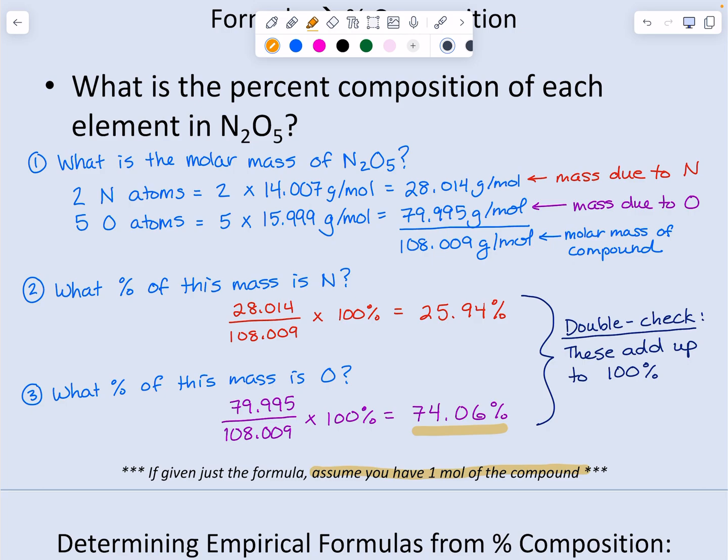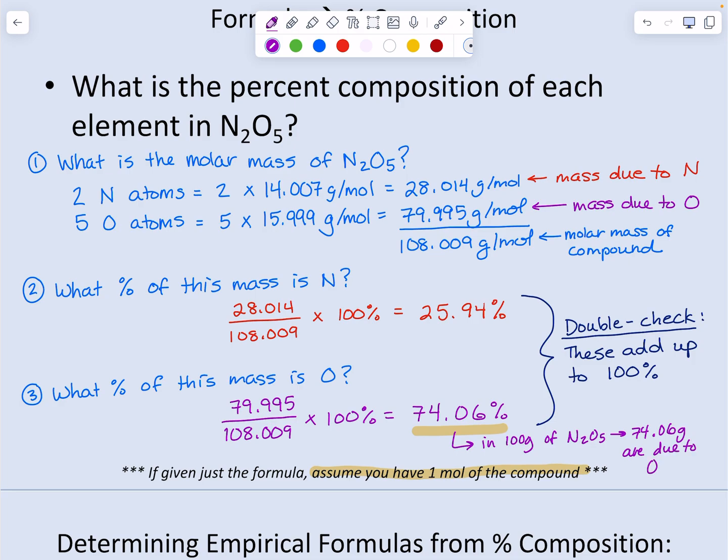Okay, so in 100 grams of N2O5, 74.06 grams are due to oxygen.